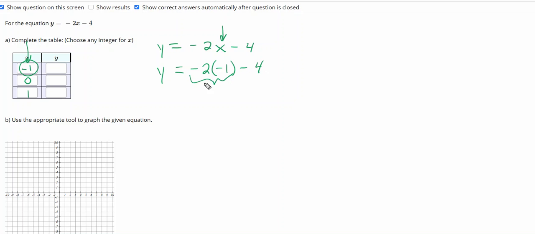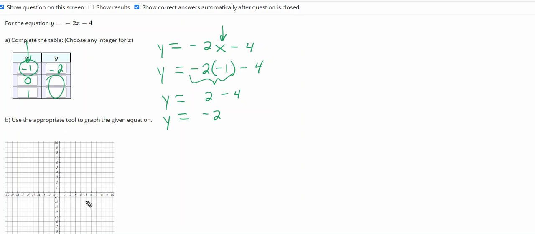This part here, -2 times -1, negative times a negative gives me a positive, so that would just be 2. And then -4. So y is equal to 2 minus 4, which is -2. So if I'm using -1, then this would be -2 for my y.